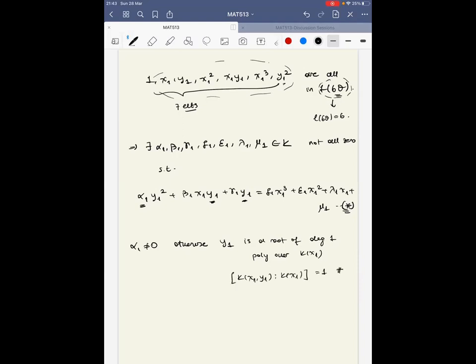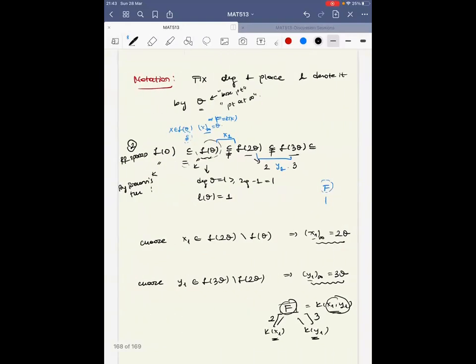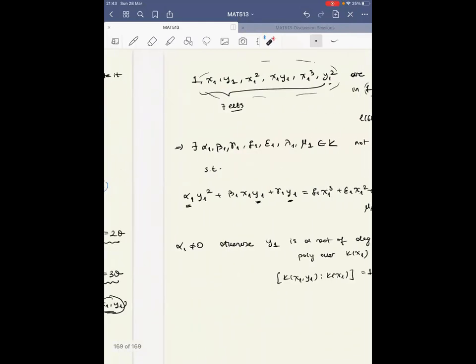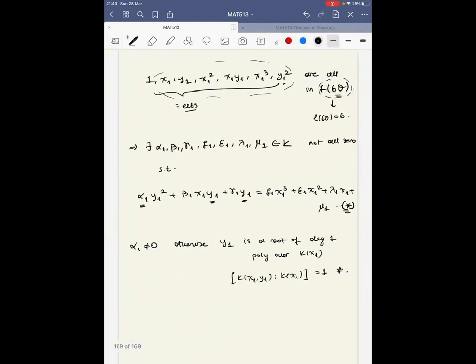But this gives us a contradiction because of the degree of the pole divisor of x1. Yes, we know this extension degree is 2, and this is not possible. This forces the coefficient alpha 1 to be non-zero.